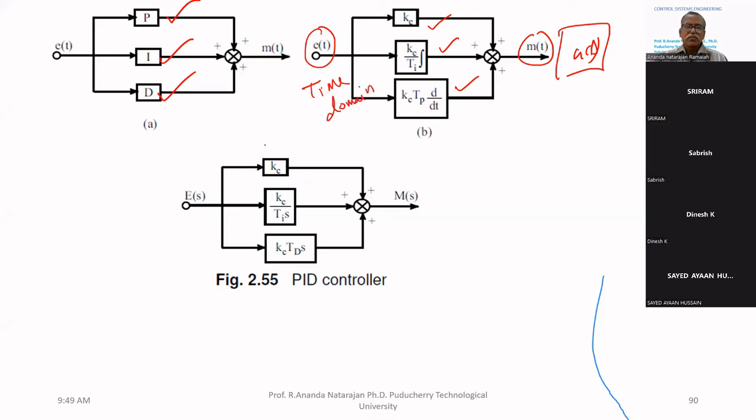If it is in the frequency domain, you can write it like this: Kc by TiS for the integrator, Kc TdS for the derivative.